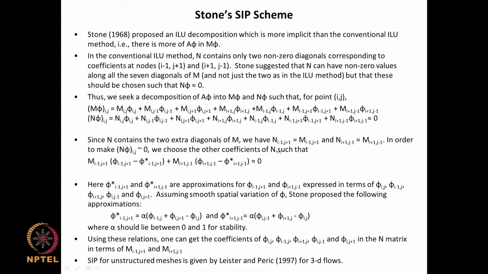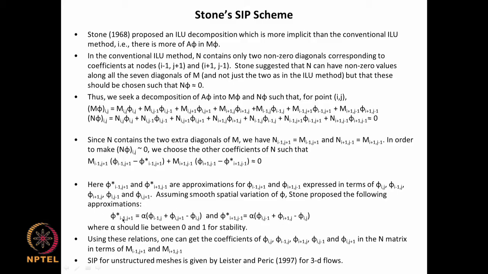In order to derive an expression for this to become approximately 0, we can put these coefficients like this here, and then say that this whole thing is equal to 0. These other 5 diagonals are expressed in terms of phi star I minus 1 j plus 1 and phi star I plus 1 j minus 1.